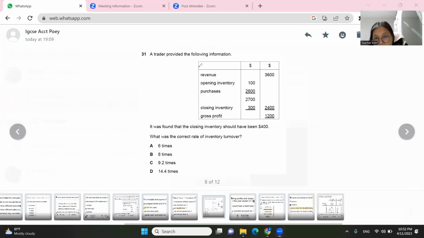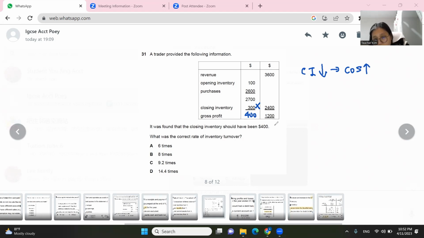Okay, let's look into the next. It was found that the closing inventory should have been 400. So they say this one is wrong, it should be 400. So now the closing inventory is understated. When closing inventory is understated, cost of sales should be overstated. If you put 400 in, it will reduce cost of sales by 100 here.